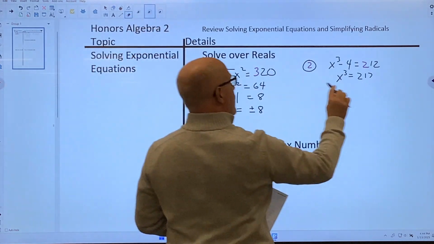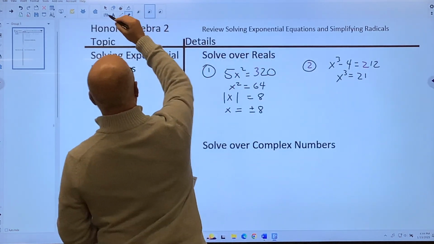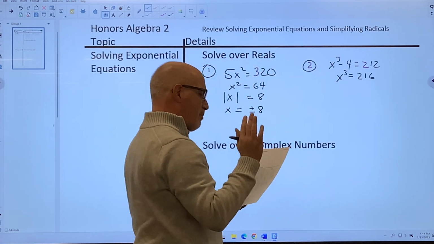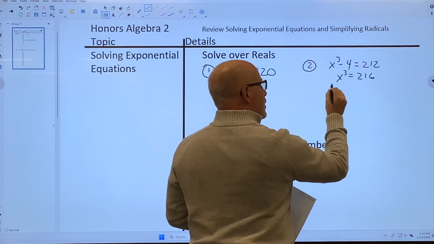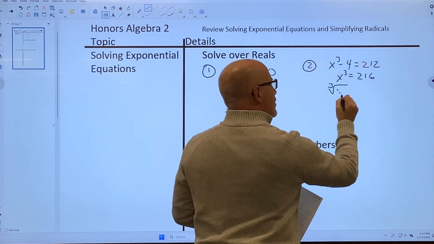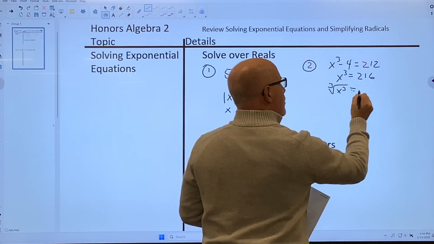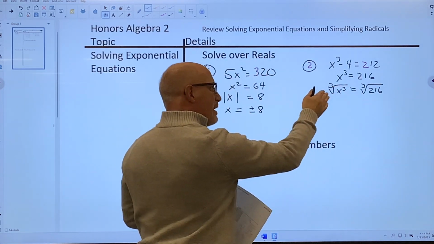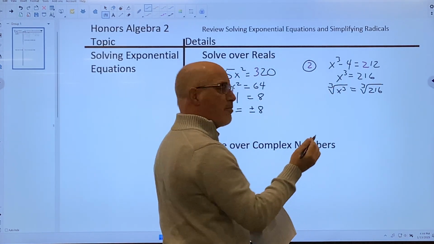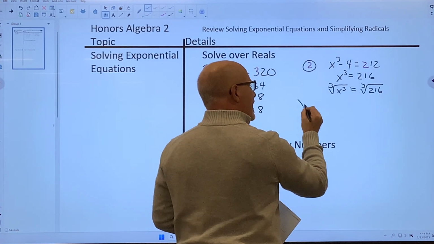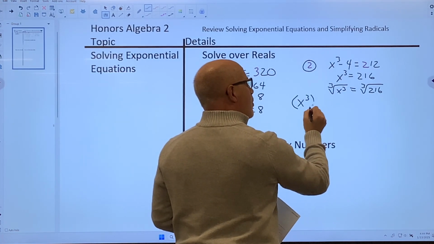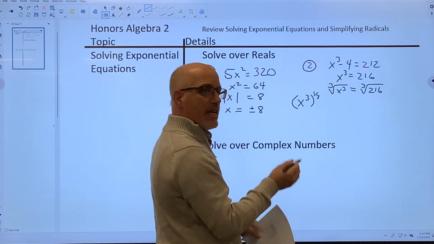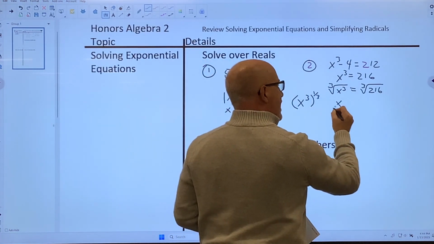Now when you take the cube root of both sides, I'm going to write this a little differently. If you do the cube root of x cubed and the cube root of 216, you know that the cube root of x cubed is just going to be x, because this is like writing x cubed to the 1/3 power, and then you multiply these two exponents, and you get x to the first, just an x.